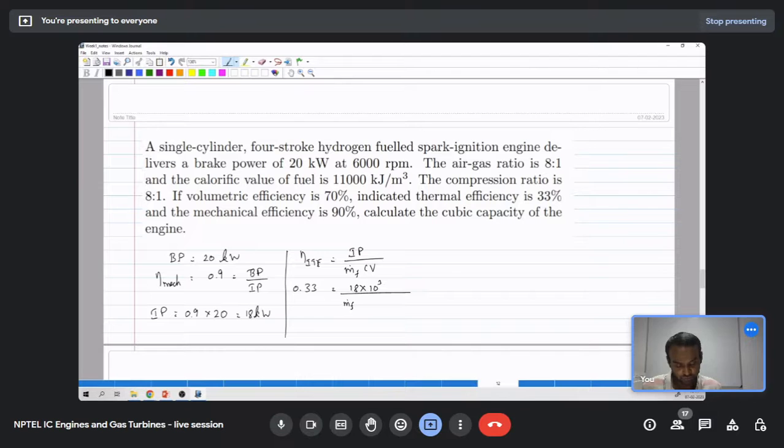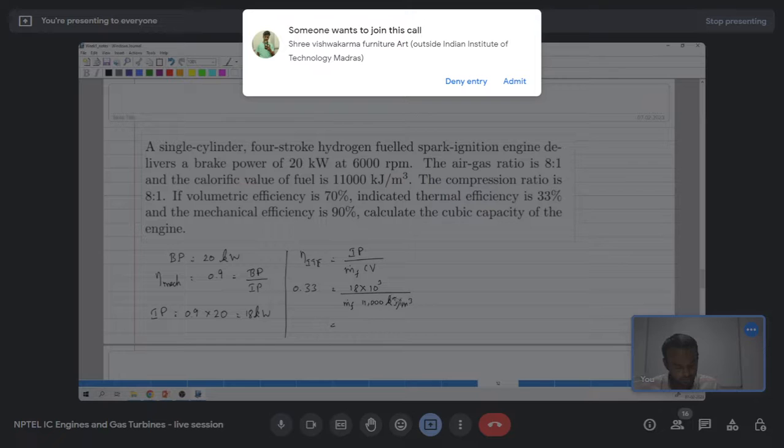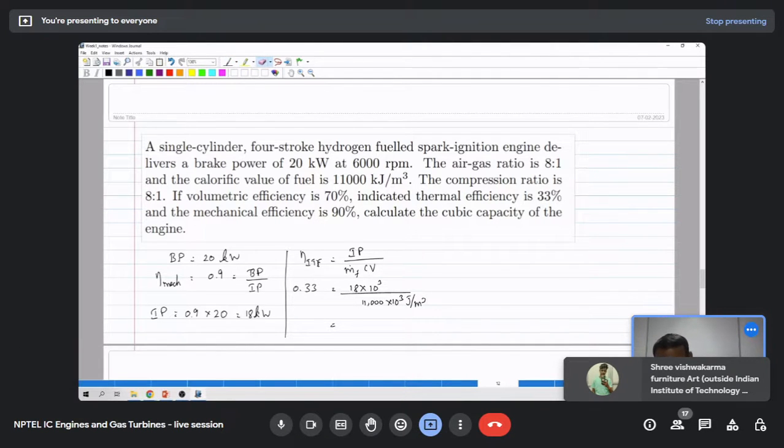We can find this out, and calorific value is given as 11,000 kilojoules per meter cube. Having this in terms of SI units, we will have 11,000 into 10 power 3 joules per meter cube. This cannot be m dot now because we have calorific value in terms of volume. So I would write this as v dot f, which represents the volumetric flow rate of the fuel.